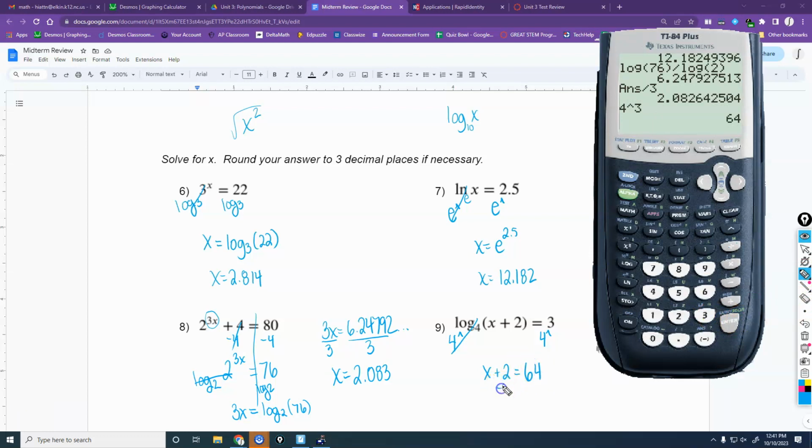And then I just got to subtract that 2. So x equals 62 for that. Okay, make sure you got these all down because I'm going to check these in a minute.